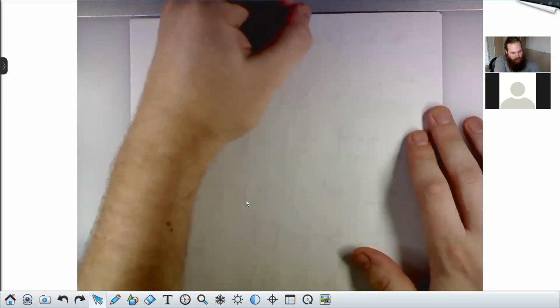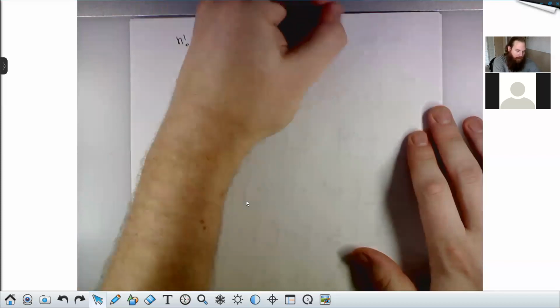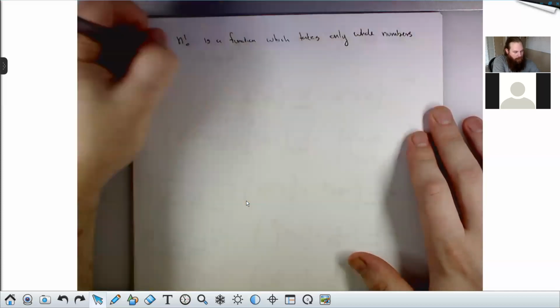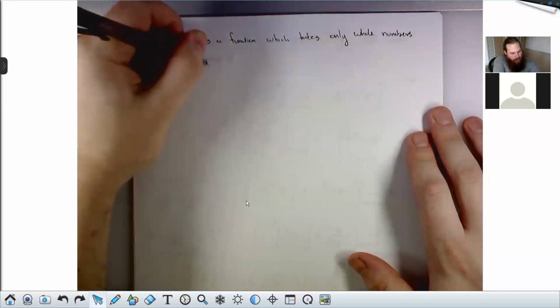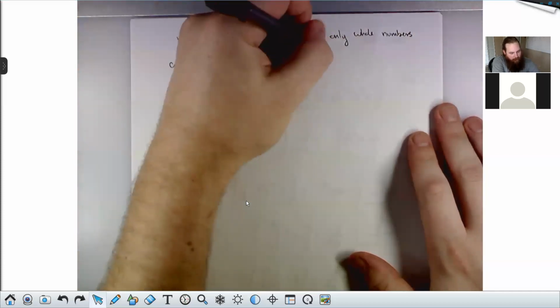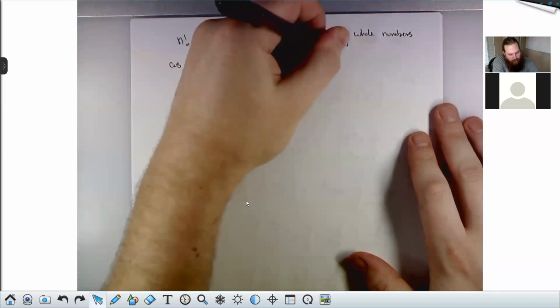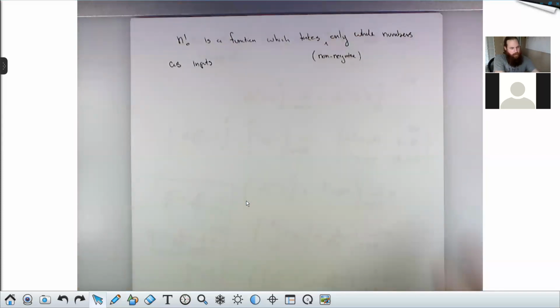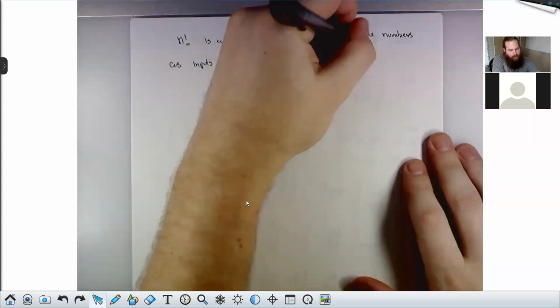The factorial function is a function whose domain is just the whole numbers, right? In fact, it takes only non-negative whole numbers as its input.